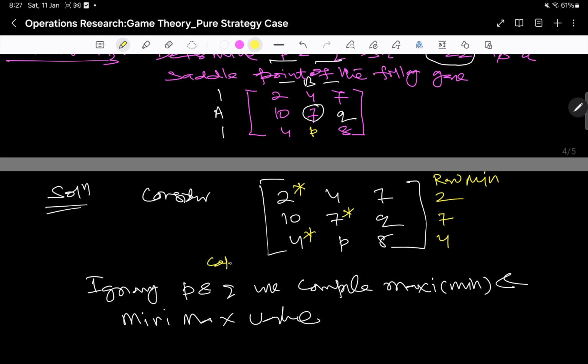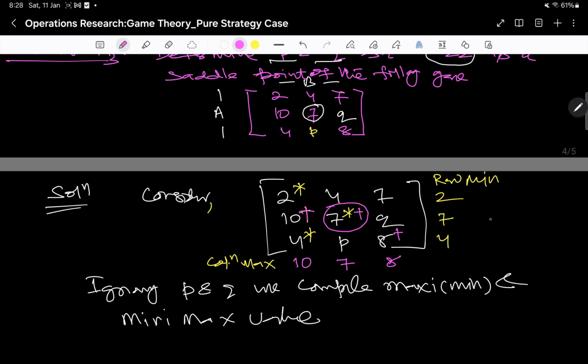The column maxima is 10, I mark it plus. The column maxima is 7, I mark it plus. The column maxima is 8. So this 7, A22, is my saddle point.